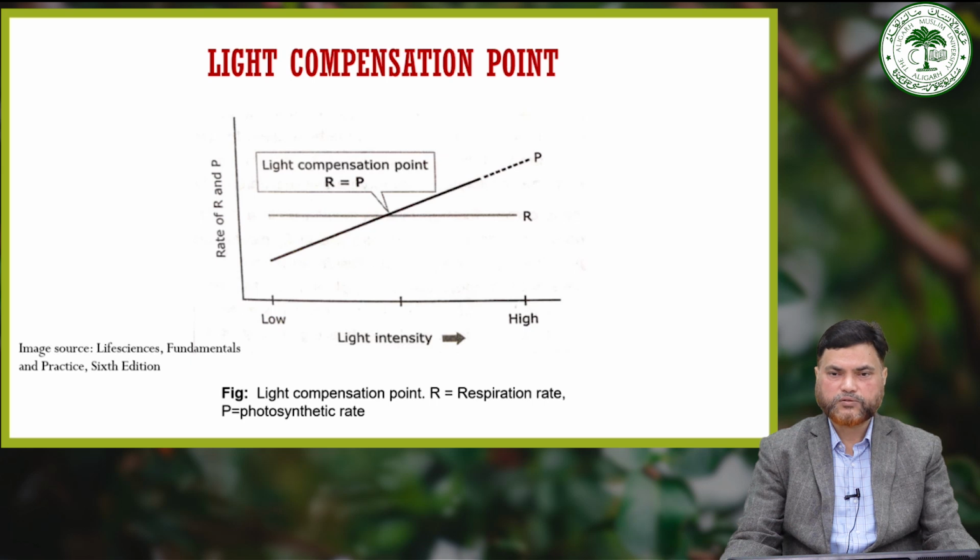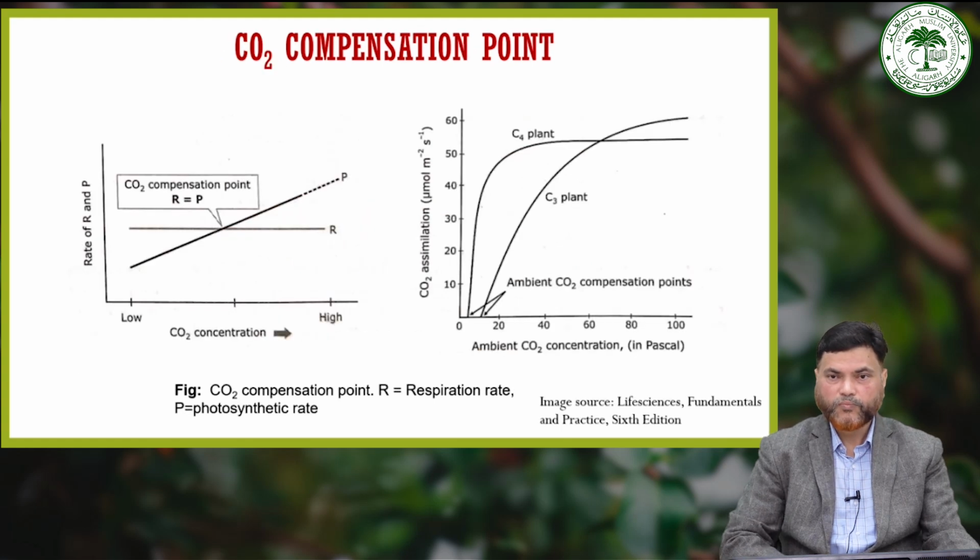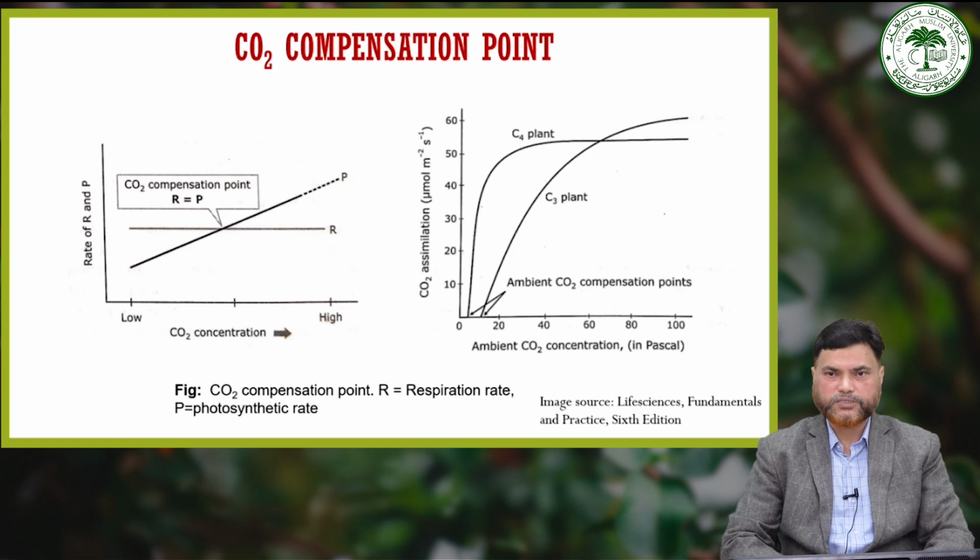Next we will discuss what is carbon dioxide compensation point. Similar to light compensation point, the carbon dioxide compensation point is reached when the amount of carbon dioxide fixed by photosynthesis equals the amount of carbon dioxide released by respiration. So this is very interesting.